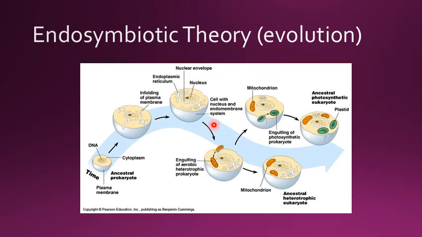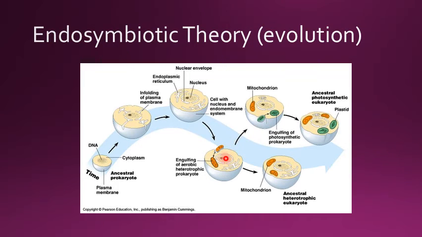Note, as I said earlier, they both have two membranes. So the mitochondria has two membranes, and also the chloroplast has two membranes. And this is thought to be their original bacterial membrane surrounded by the plasma membrane of the cell.